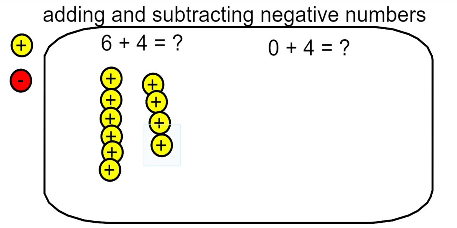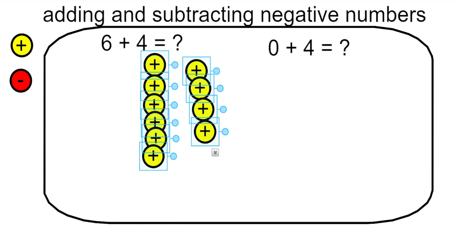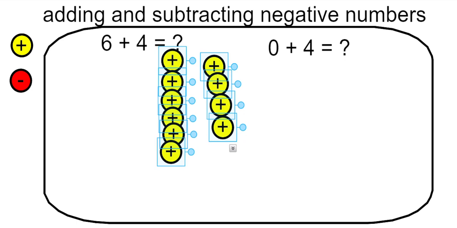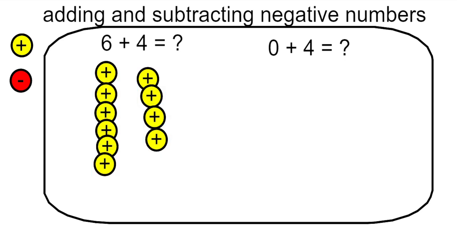Now the question becomes, how many total do I have? And that's pretty simple. We can draw a line around all of these and say, together, all of these are 10. And that's very simple. So I want you to keep this premise in mind as we go through all of the things that we're going to be doing today.